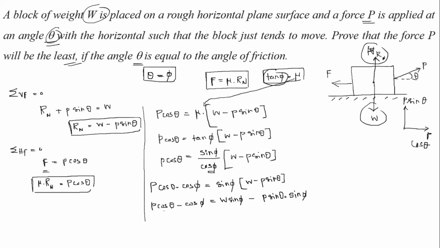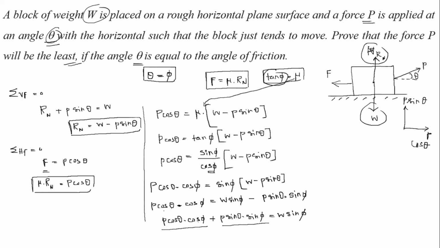Now, I can rearrange this equation. So, P cos theta into cos phi plus P sin theta into sin phi is equal to W sin phi, right. So, read this: P times cos theta cos phi plus sin theta sin phi, right.